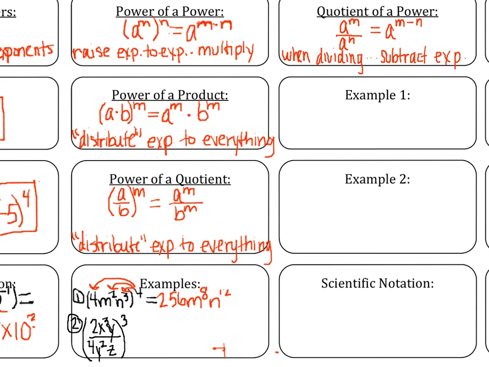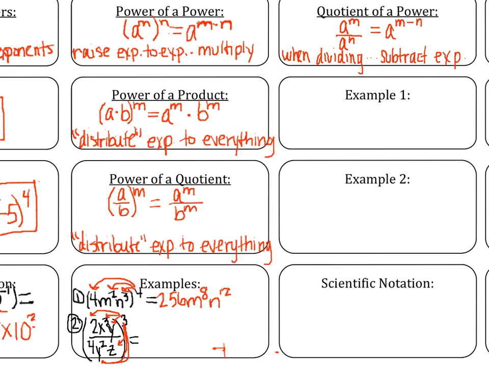We've got a few rules that we could apply, and what makes these rules tricky or confusing to some students is that it really doesn't always matter what order you apply them in, as long as you apply them correctly. I think I somehow erased part of my 12 up here. Okay, as long as we apply them correctly, we'll do okay. So I'm going to first get rid of my parentheses by giving this 3 to absolutely every single piece.